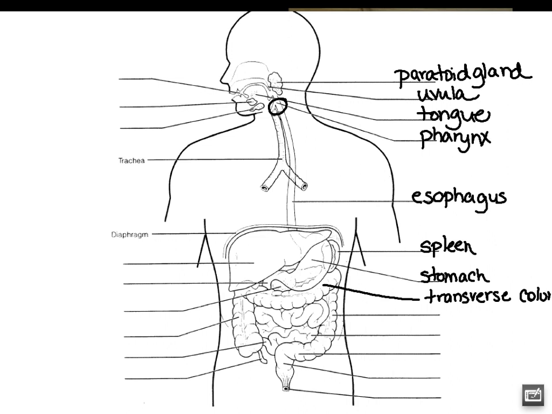The next one is pointing to a different part of your colon, your descending colon. And then from the descending colon, we're going to skip a line. It comes down and makes an S, and that is your sigmoid colon.